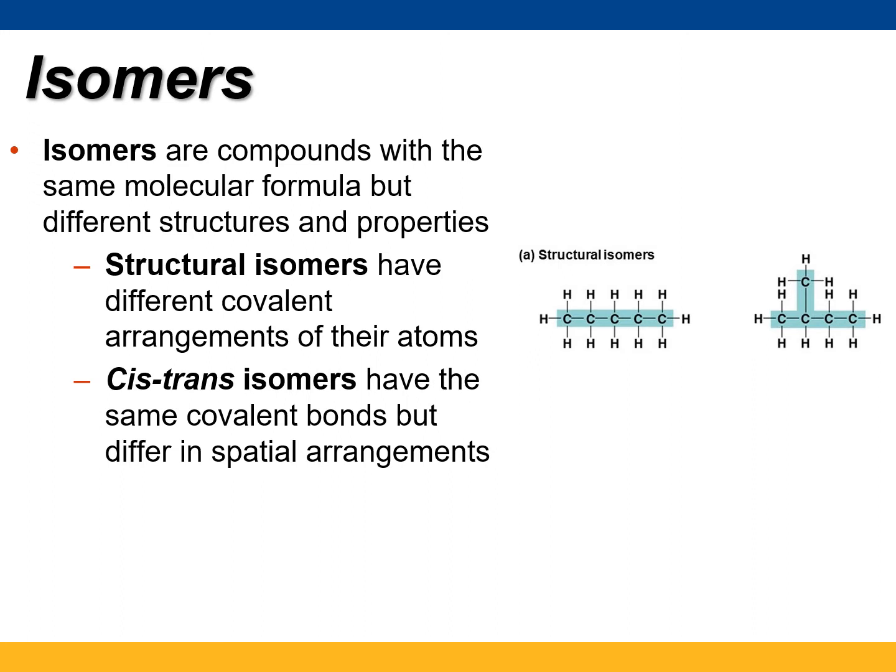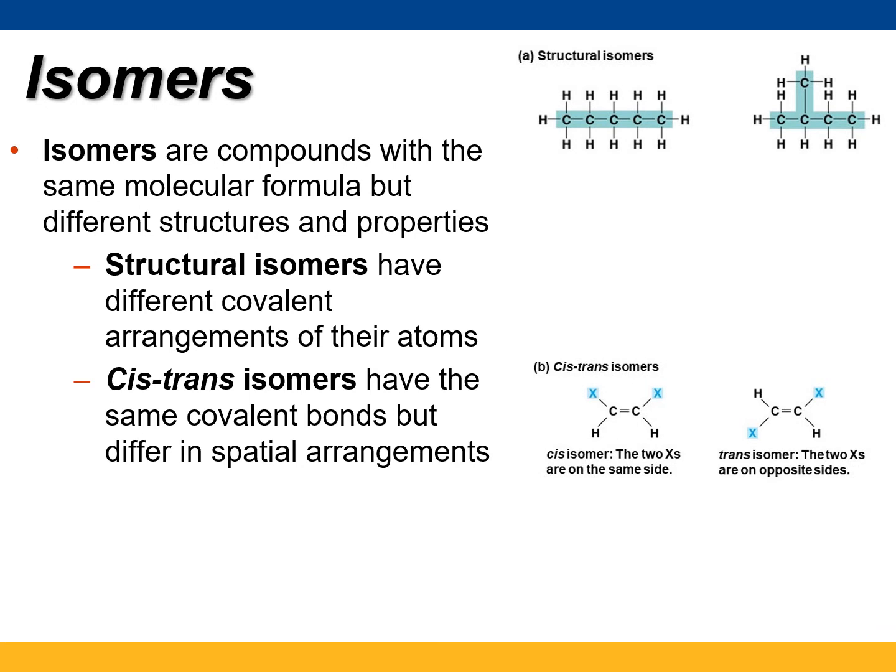This one's a little trickier concept. It's called a cis-trans isomer, and in order for it to be a cis-trans, generally speaking, you have to have a slightly different spatial arrangement, and most of the time we're talking about double bonds. So let me move that out of the way here, and now we have our ethane or ethyl group here, 2 carbons. So we have a carbon, double bond carbon. Now I want you to notice where the X's are. So we have the X's on the same side.